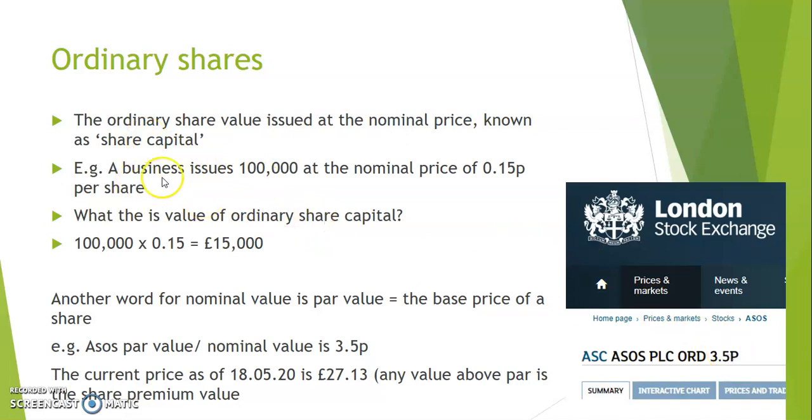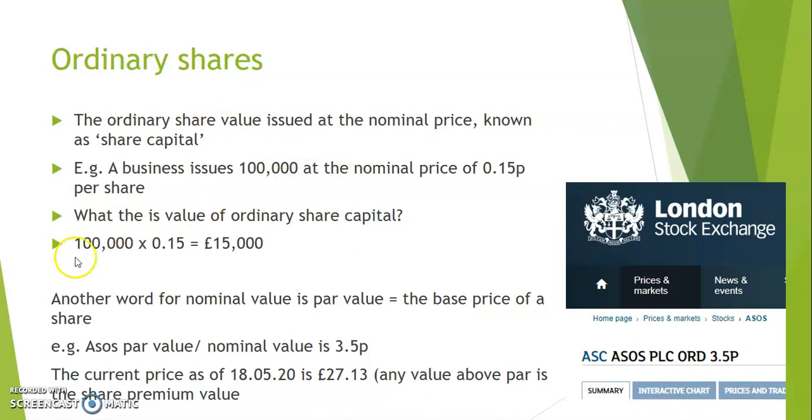So for example, a company issues, i.e. sells, 100,000 shares at a nominal price of 15p per share. What is known as the ordinary share capital. Ordinary shares, ordinary share capital. Capital meaning investment.